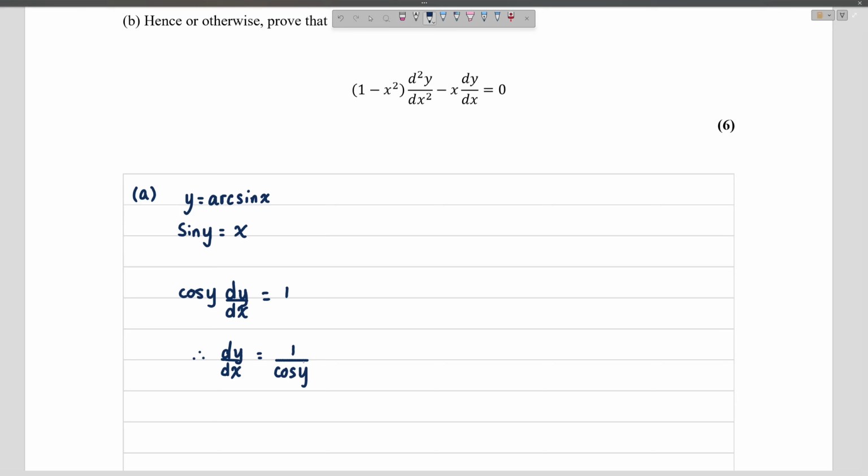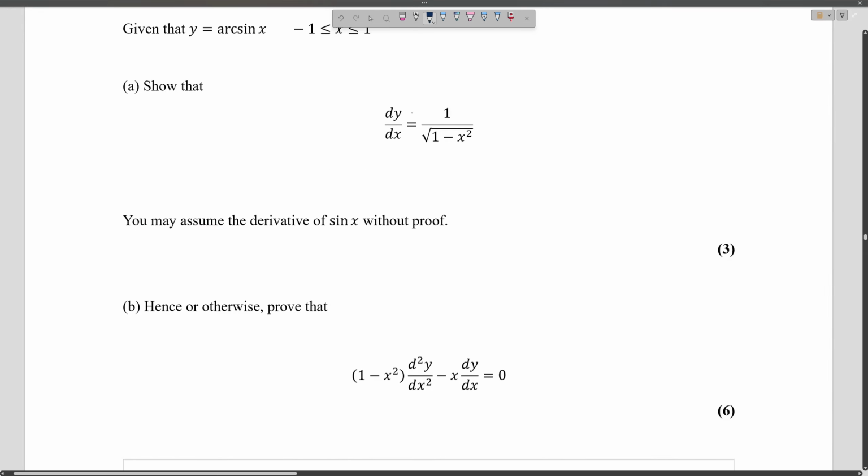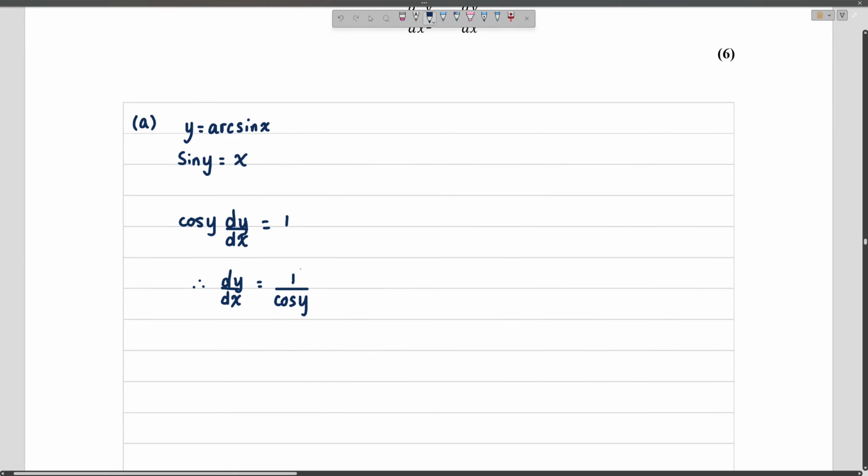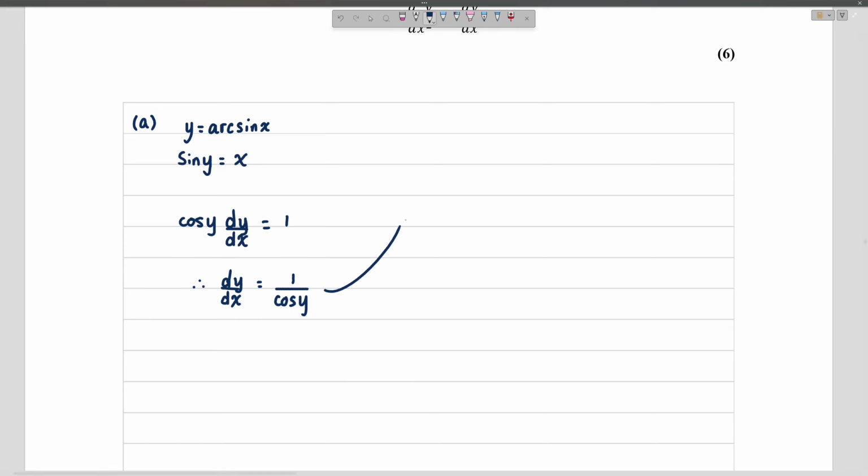Okay? Now, obviously we're not done here because we want this result, 1 over the square root of 1 minus x squared. I've got 1 over cos y here. So at this point, what we're now going to do is use one of our trigonometric identities, right? So we're going to use cos squared y is equal to 1 minus sine squared y.